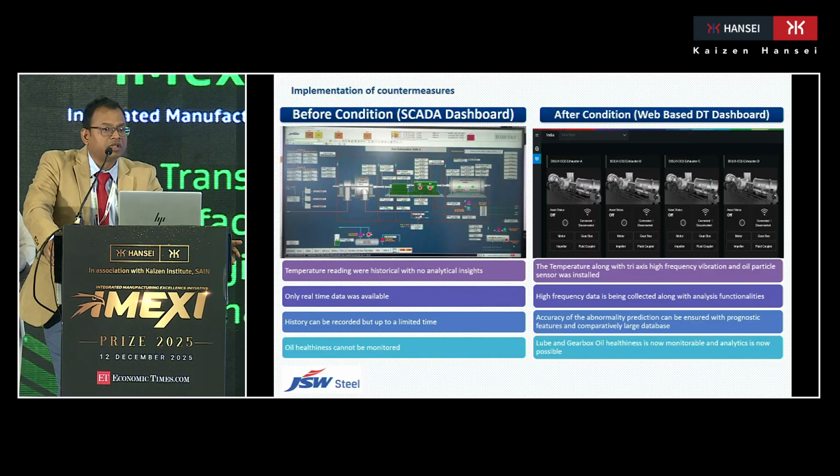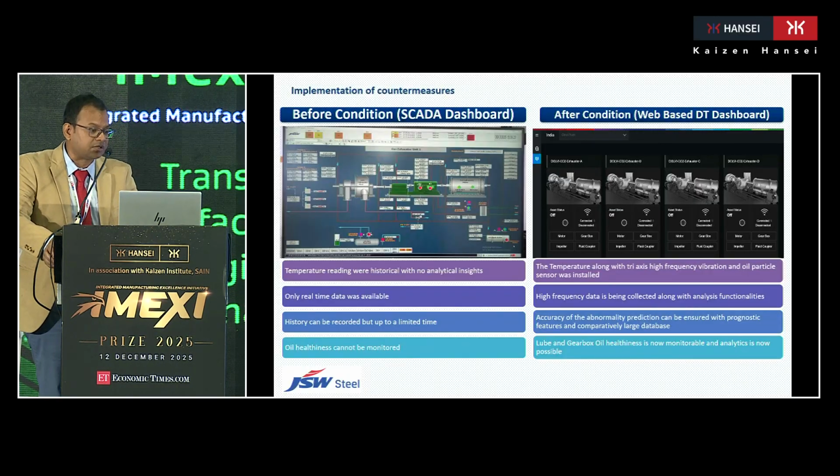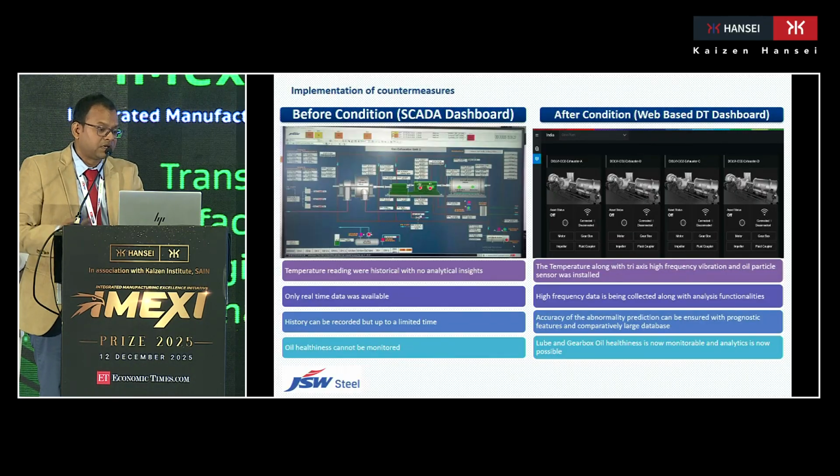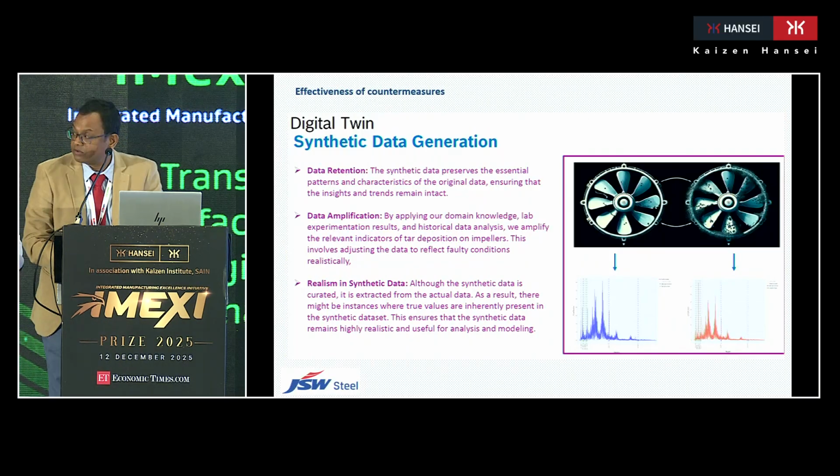So the system is able to give insights, condition monitoring, and prognosis for the system. So we are able to run this machine without breakdowns. And now Mr. Rohan will take over.